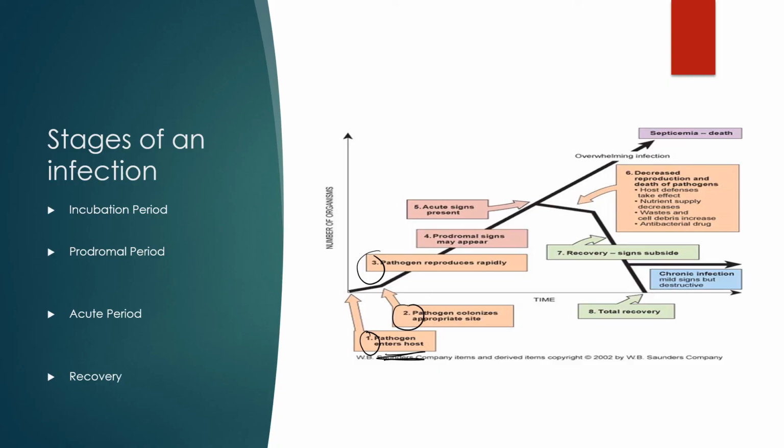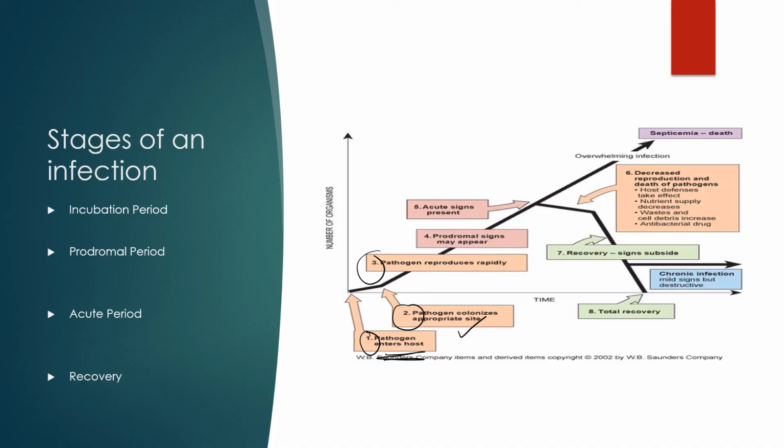Once the pathogen enters, it's going to colonize at the appropriate site where it wants to mount that infection. If it's a urinary tract infection, it's going to go to the bladder. If it's going to cause hepatitis, then it involves the liver. Once they get to the site they wish to go, they start to multiply in order to increase their number and start to play house.